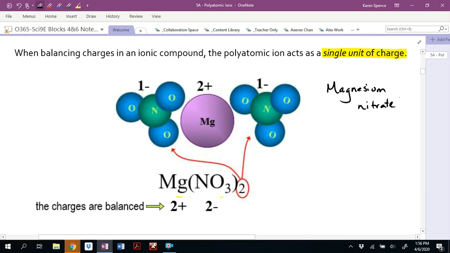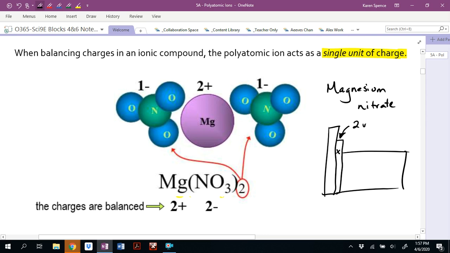It's made of a magnesium ion, and remember magnesium is an alkaline earth. So in your periodic table, magnesium is going to be about here. Remember, things in group 2 have 2 valence electrons.